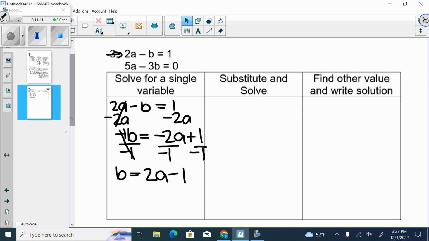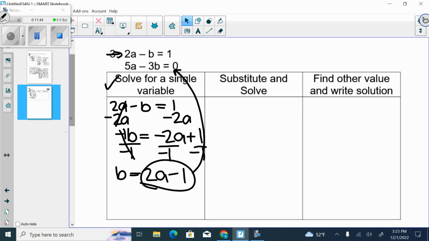So now do we have a letter all by itself? Yeah. Okay. So now that I have a letter by itself, I can take this, and anywhere there is a b, I can replace it with 2a minus 1 in that second equation. Okay? All right? So we start to rewrite that second line.